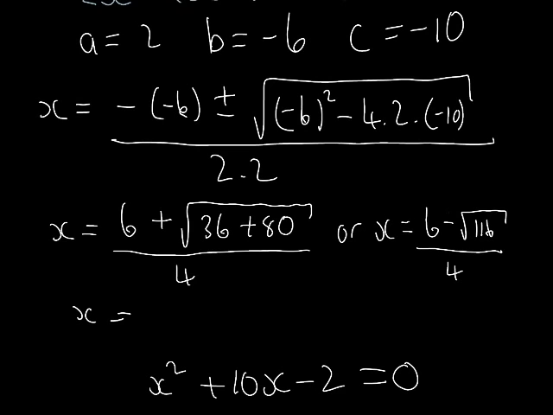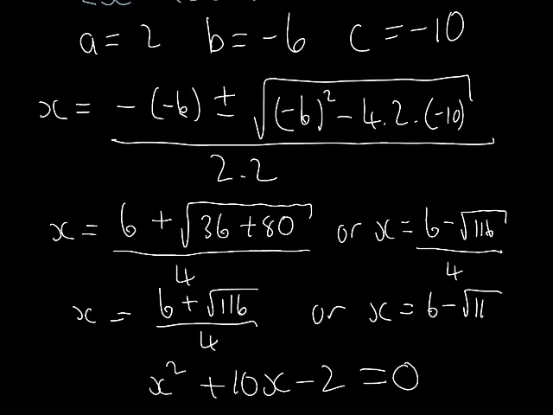So we're going to get 6 plus the square root of 116 over 4, or x is equal to 6 minus the square root of 116 over 4. Okay, so now, what have we forgotten?